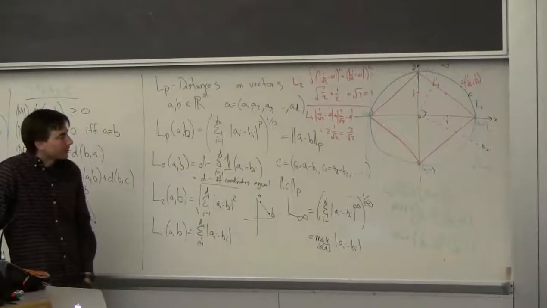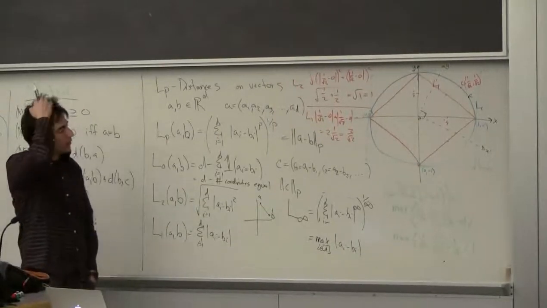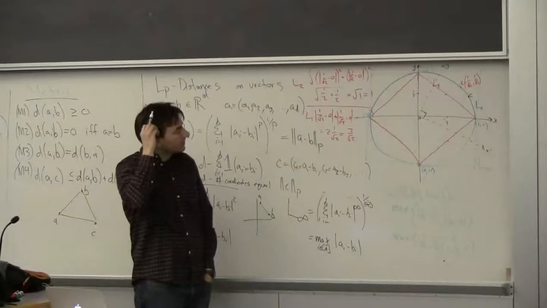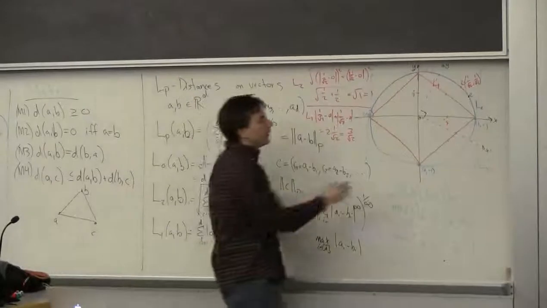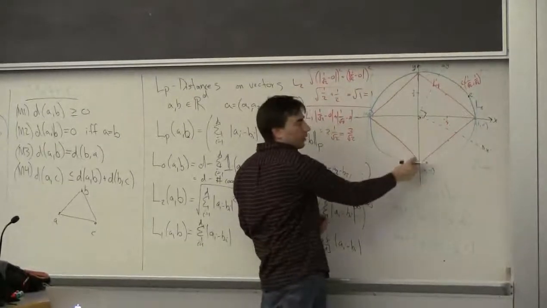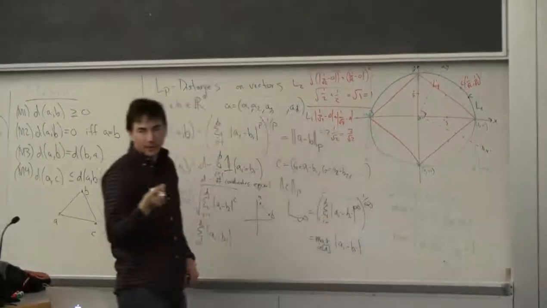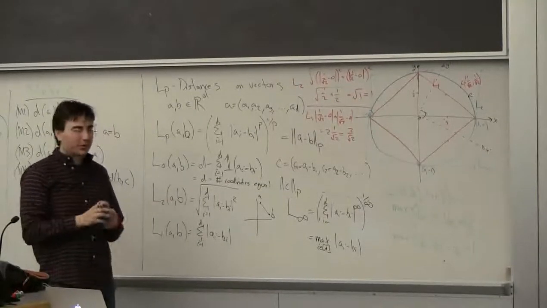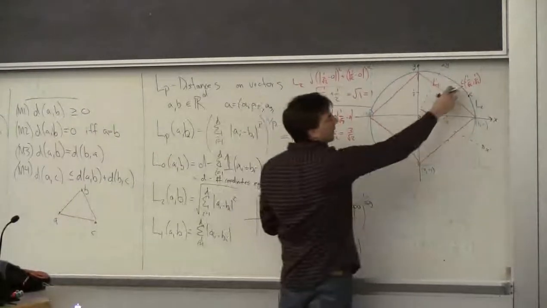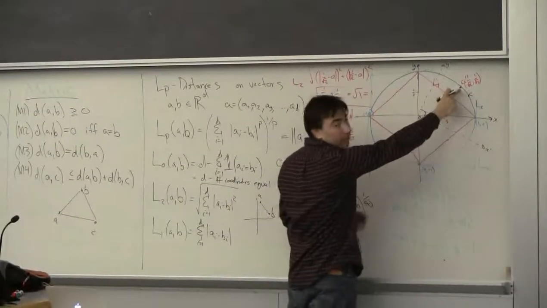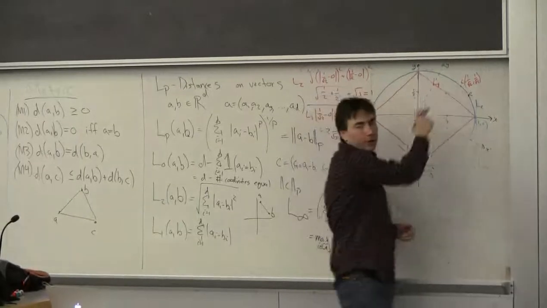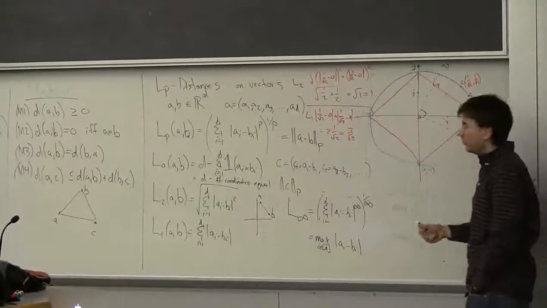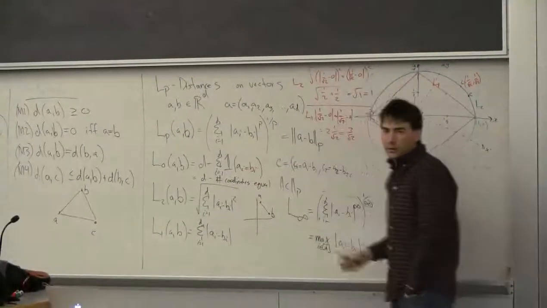Any point along the axis is going to have at least one coordinate that's different. If I have 2 coordinates that are different, say I'm out here, what's the distance from C to the origin under the L0 distance? The maximum value can be d, because you're subtracting something from d.